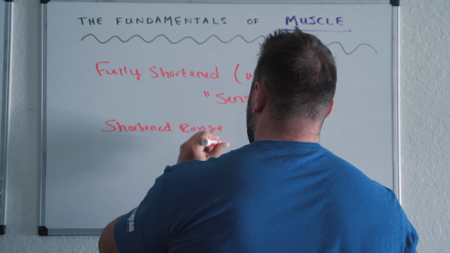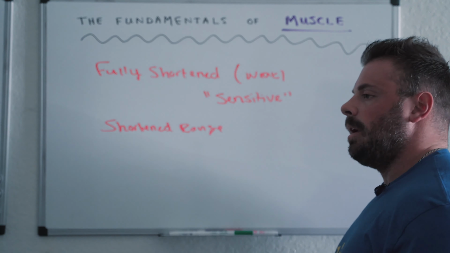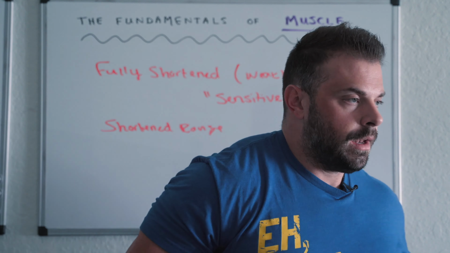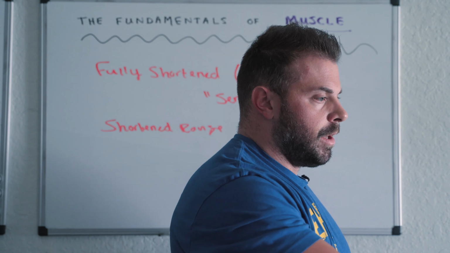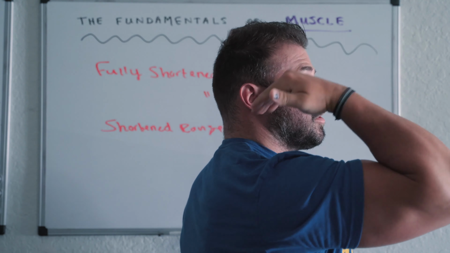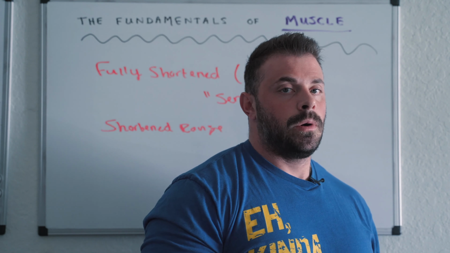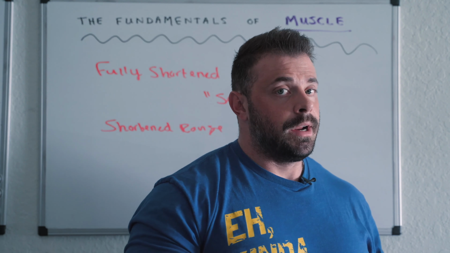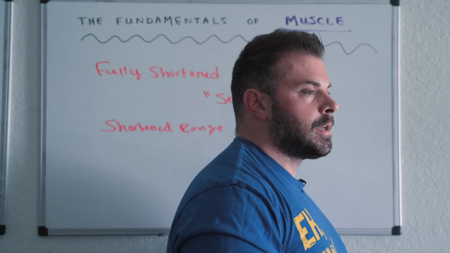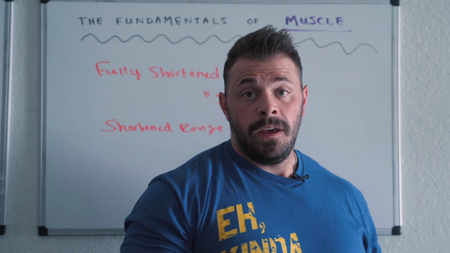Okay. If I say I'm training in the shortened range, that doesn't necessarily mean fully shortened, okay? So we have the lengthened range for the bicep, the middle range, and then everything beyond that is shortened. We can also refer to the shortened range as just being the shortened range of a specific function. So since the biceps have 2 primary functions, I could just be talking about elbow flexing.